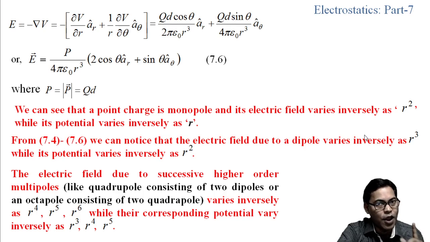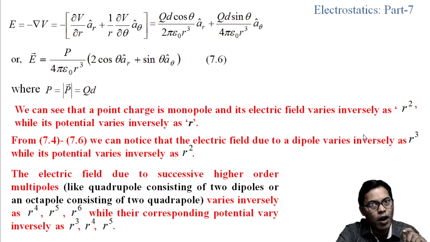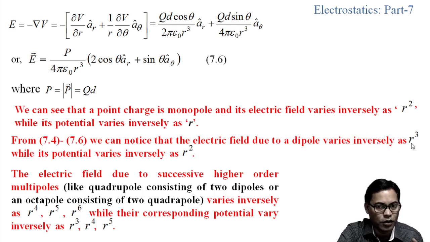You see that for a monopole E varies as 1 by r square, but for a dipole E varies as 1 by r cube, one extra r multiplied with r square.